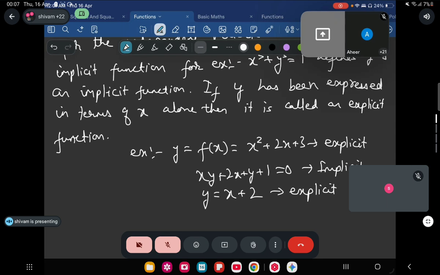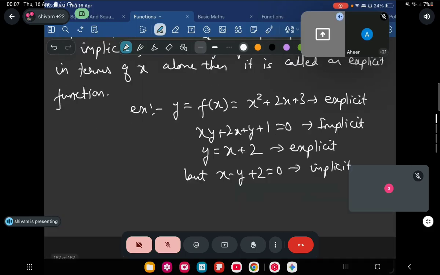But if you take y to the right hand side, you get x minus y plus 2 equal to 0. This becomes implicit, because over here you have to do one more step to express y as the subject of the formula.